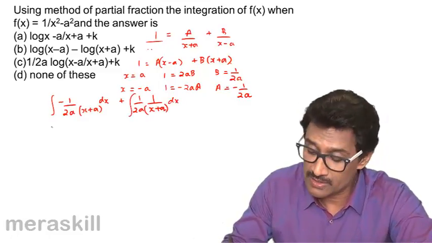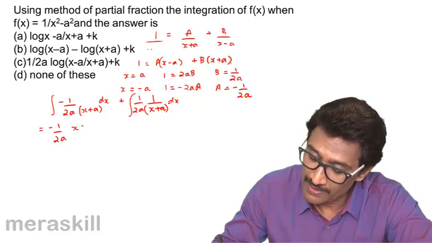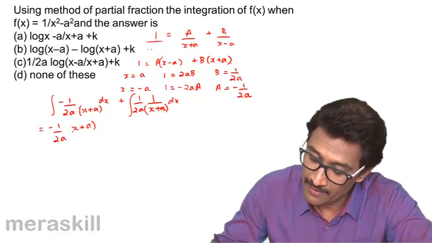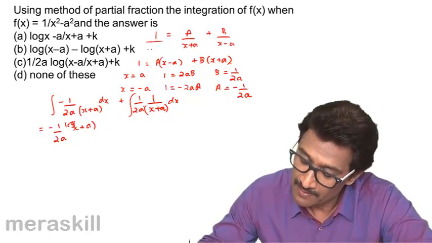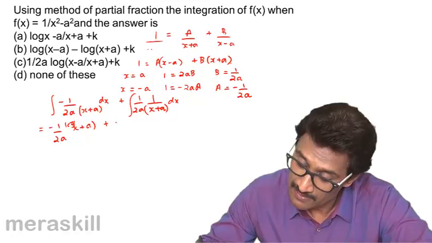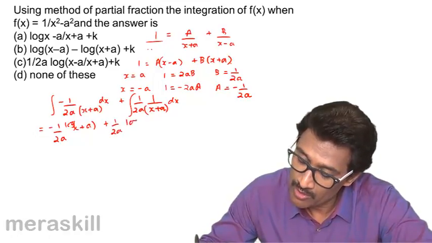Now this is a constant, so they will give you minus 1 upon 2a log x plus a and plus 1 upon 2a log x minus a.